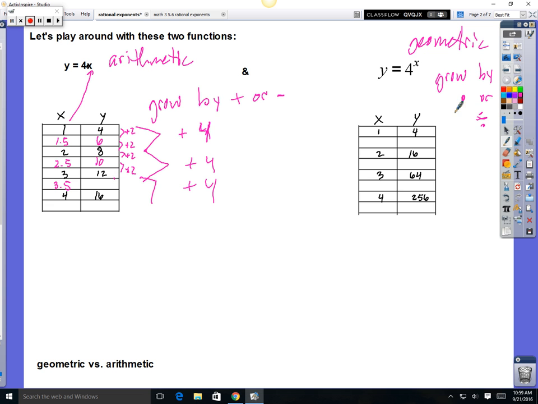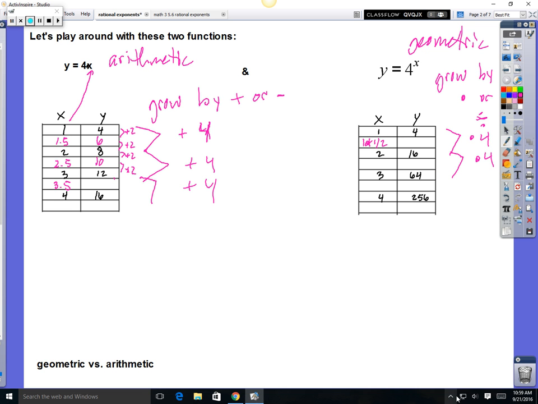So this one grows by multiplication. From 4 to 16, that was times 4. From 16 to 64, that was times 4. So what if I want to go in between? What if I want 1 and 1/2? 1.5.